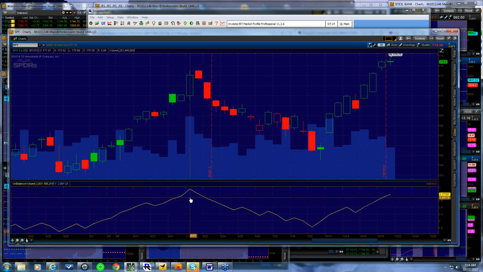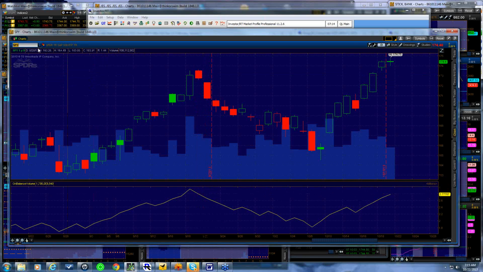So a little bit of a non-confirmation. Price and on-balance volume are going in the same direction, but we don't see the same conviction in volume as we do in price. So that's something to keep in the back of your mind. We have a higher high in price, a lower high in on-balance volume.